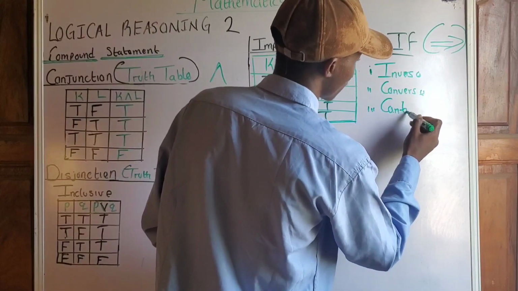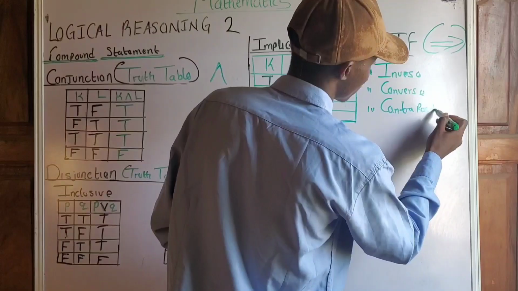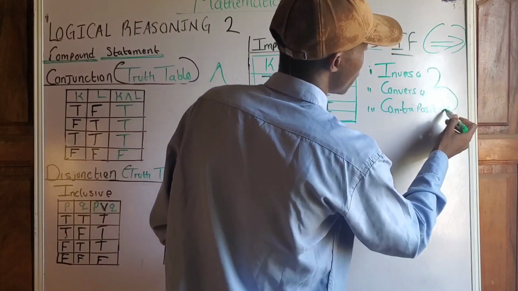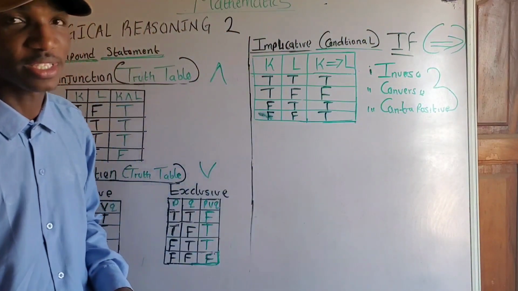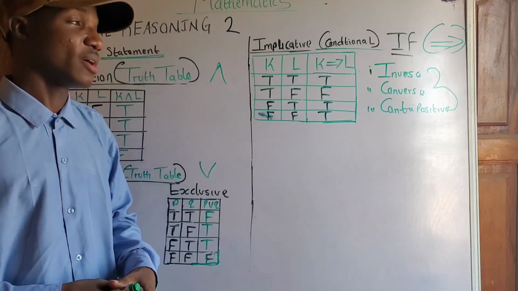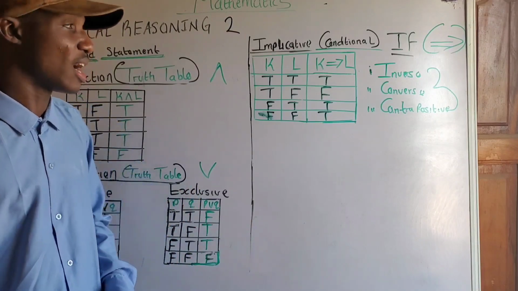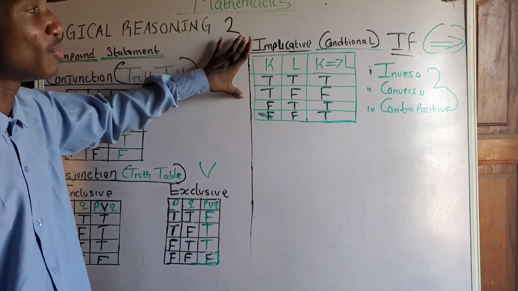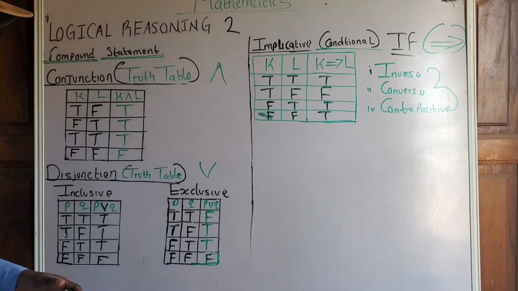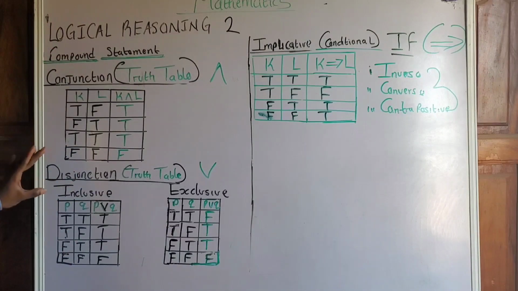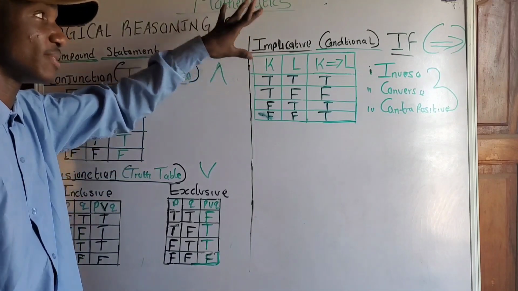You understand? Contrapositive. I'm going to come back to these three properties at the end of this class. Now, this is the truth table for implicative or conditional statement. The truth table for conjunction is this, for disjunction is this, for implicative is this.